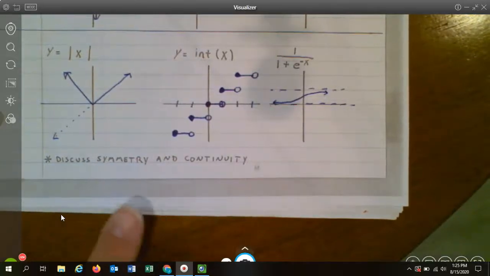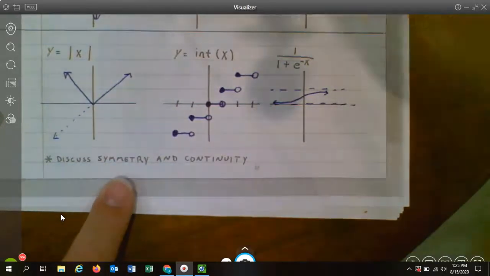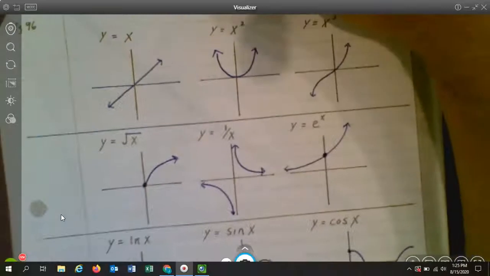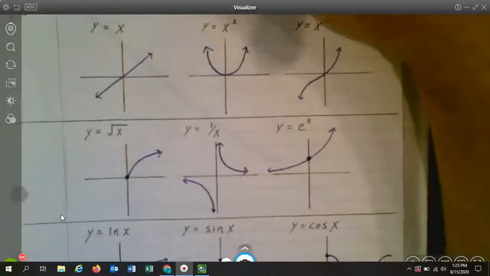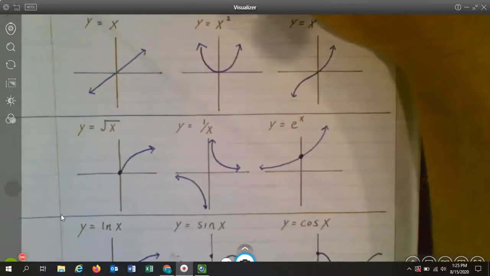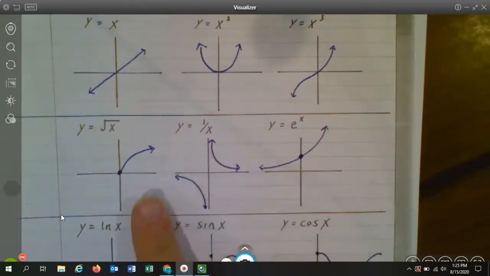Just a quick mention about symmetry and continuity, because we've already talked a little about both of these so far. For the most part, most of these graphs are continuous from -infinity to +infinity. Certain graphs like this are discontinuous because of the break in the graph. We talked earlier about the 3 different types of discontinuity in our earlier lesson.